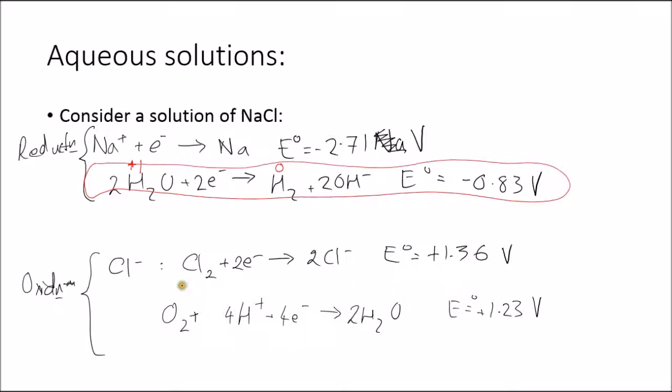And so what we're left with as the other reaction is this reaction here, the oxidation of water, which is going to produce oxygen gas. Because we've got to remember that these are the reduction potentials that we're looking at.